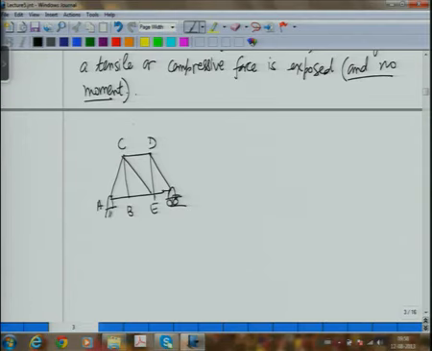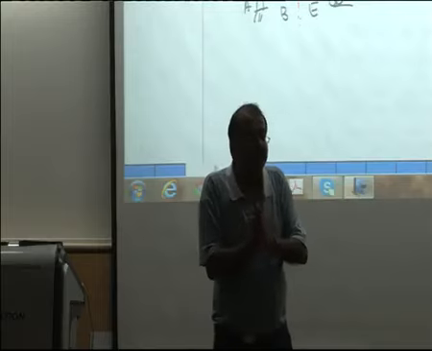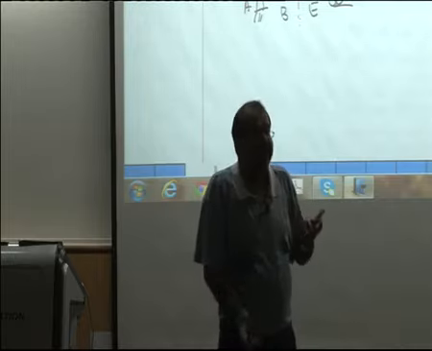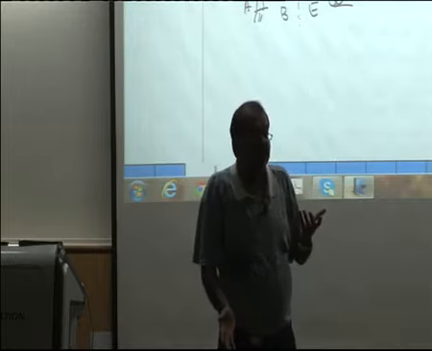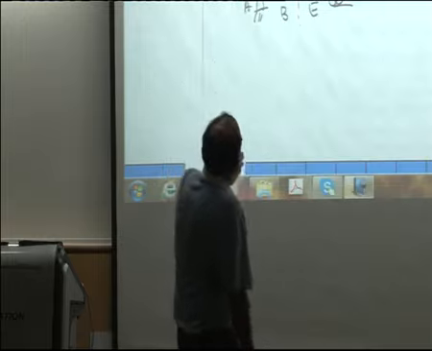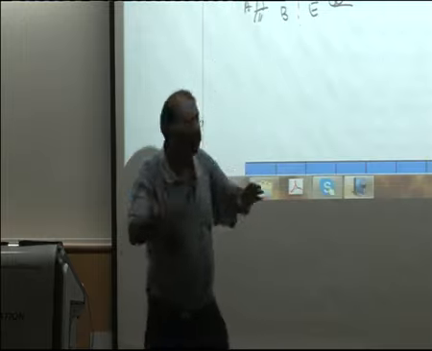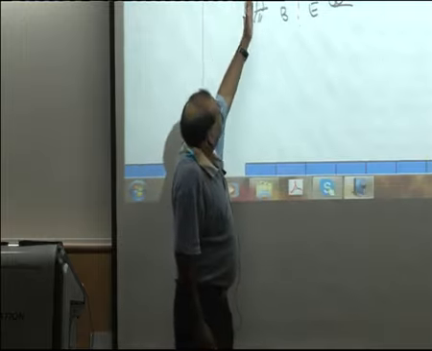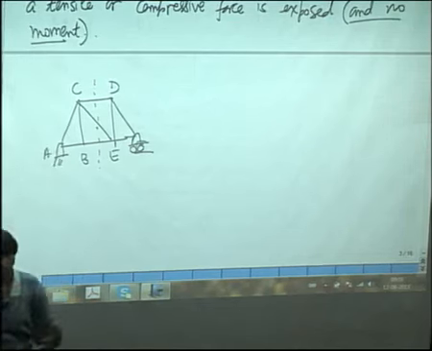Suppose I make a cut like this. Now this is up to me. In the method of sections, I can make any cut which I feel like. So, if I make a straight cut like this, now I can draw the free body diagram either of the left side or the right side.